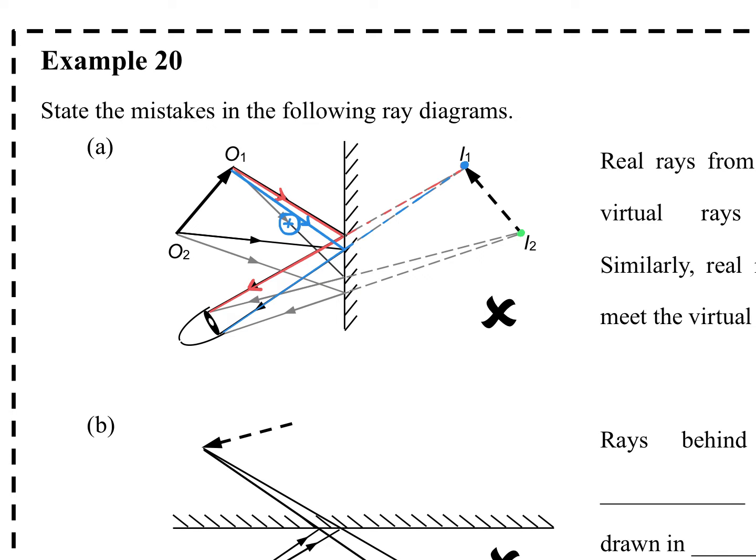Image, light ray entering the eyes, and incident ray. In fact, light ray comes from O2. And similarly, the incident ray should be drawn like this, and this ray should be incorrect. And the last light ray, I will not draw with you because it should be correct. You can try it on your own.